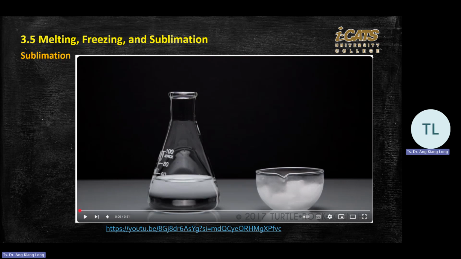So you see, if you put dry ice, it will boil. You put dry ice directly in the water, you see it start boiling and convert into gases.